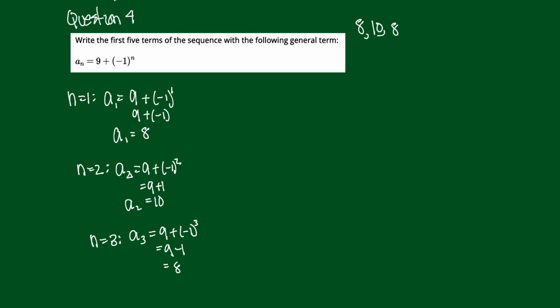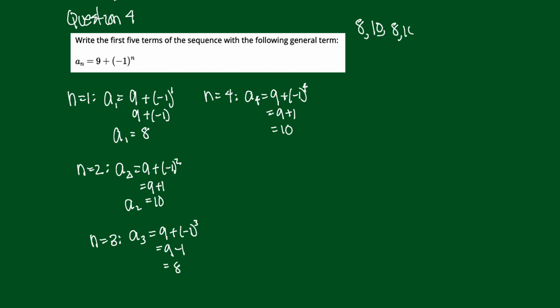And maybe you can see what's going to happen now. That negative 1 just keeps bouncing back and forth, that negative 1 to the n. So when n is equal to 4, I'll get a sub 4 is equal to 9 plus negative 1 to the 4th. So that's 9 plus 1, right? Negative 1 to an even power is 1. So I get 10.